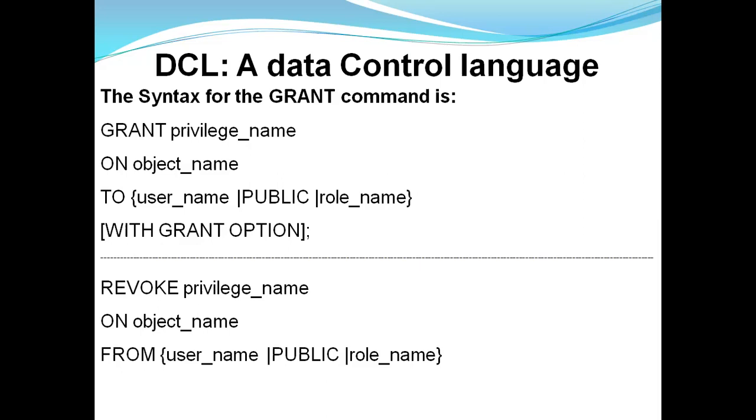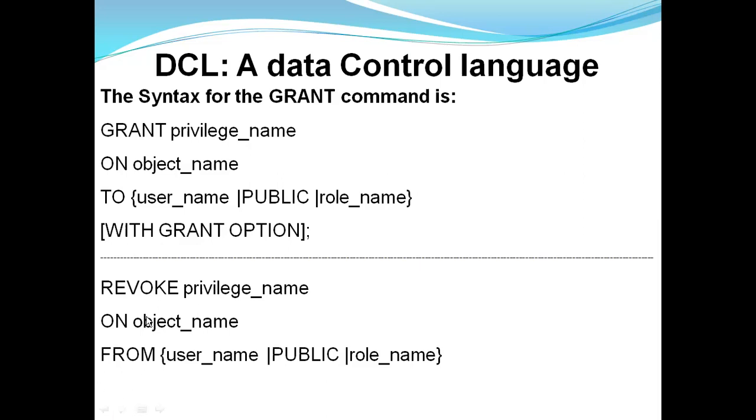So basically this can help in a team leader concept. Admin provides the privileges to the team leader with grant option. So the team leader has a privilege to grant those privileges to his team according to the requirement.